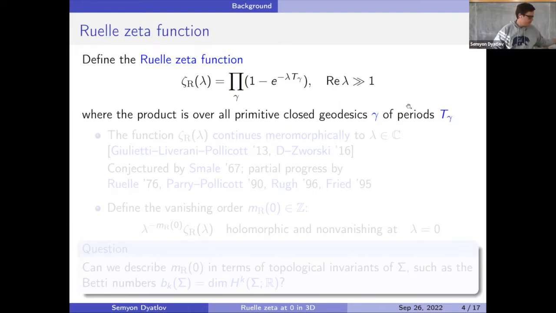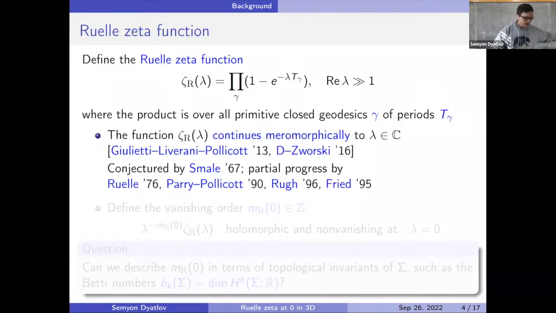So what's known about the zeta function is that it actually continues meromorphically to the entire complex plane. Once you write a zeta function, it's a usual thing that you usually write something as a sum or a product or some formula that only makes sense in a half plane. Like think about the Euler product for the Riemann zeta function, right?